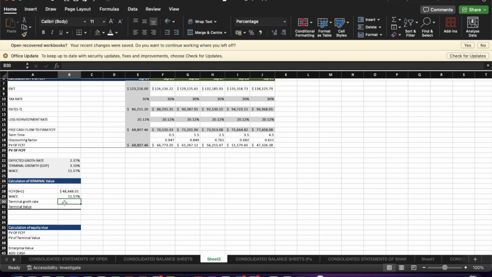And the weighted average cost, simply copied it, and the terminal growth rate, simply the GDP, and then we are going to calculate the terminal value.